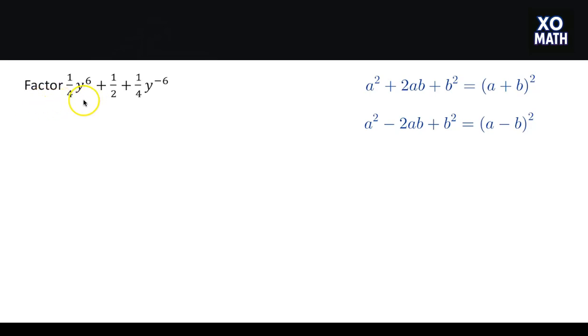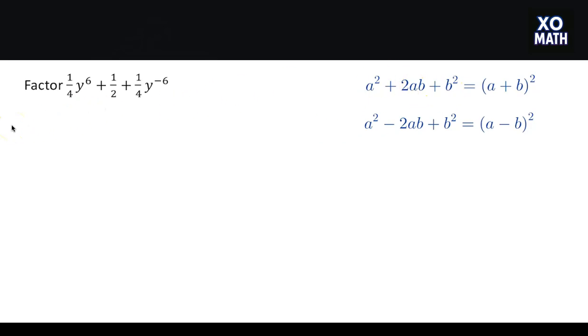In this example, we want to factor 1/4 y to the 6th plus 1/2 plus 1/4 y to the negative 6. So here, similar to that last example, except that the last term is rewritten using the negative exponent. So now let's confirm that this is a perfect square trinomial to factor it. We want to rewrite it in this form.